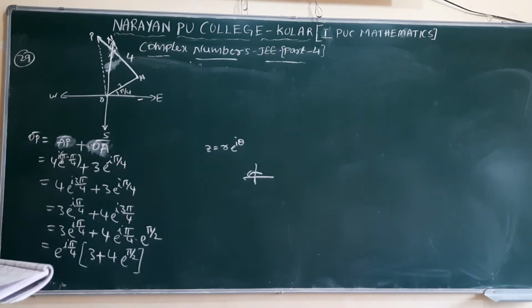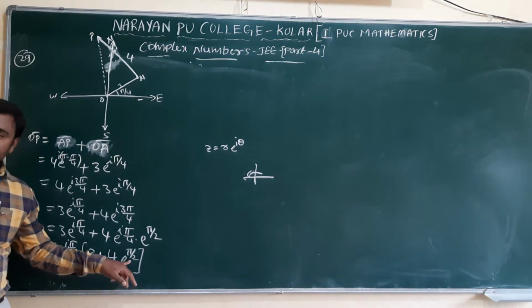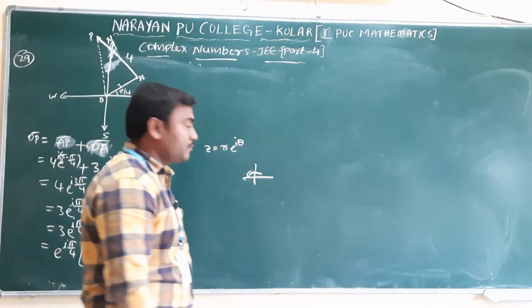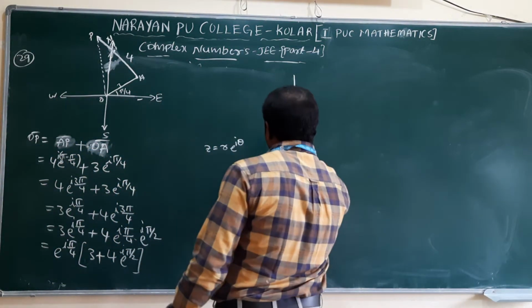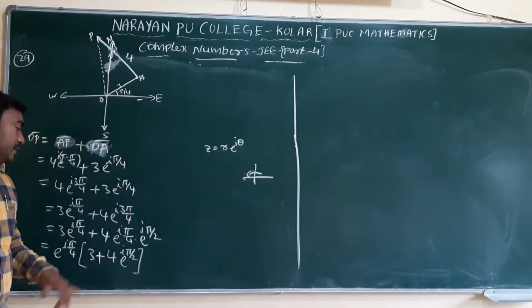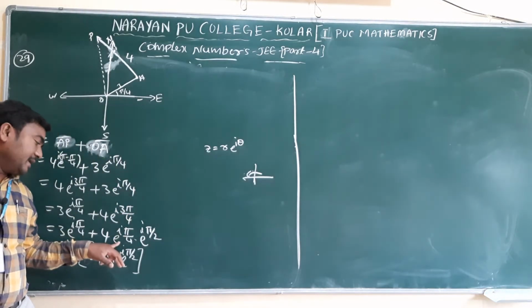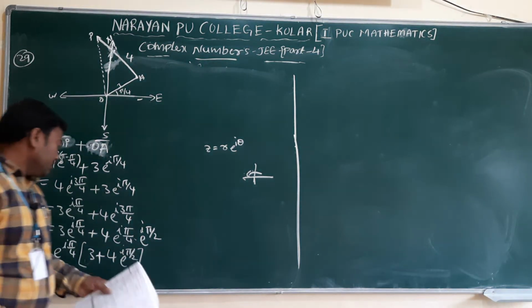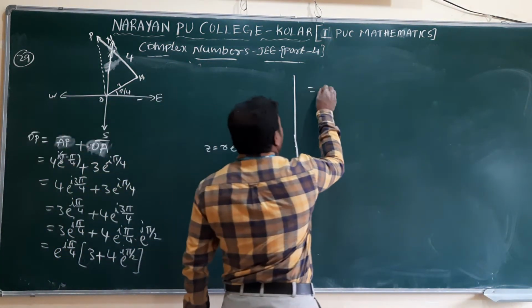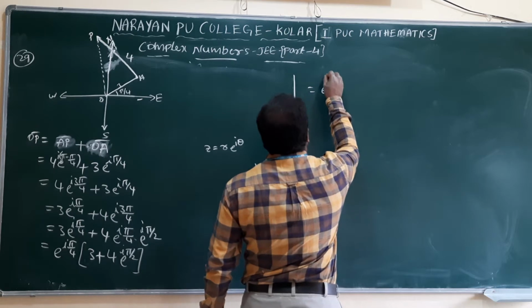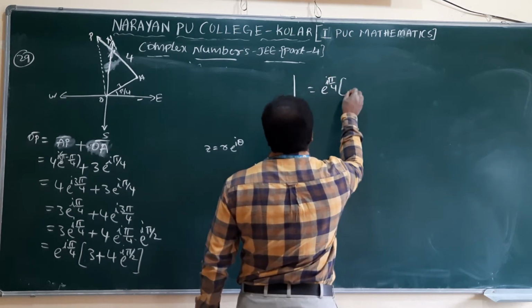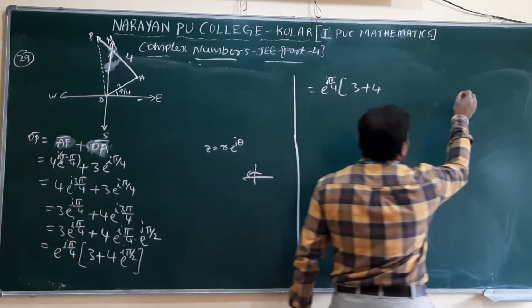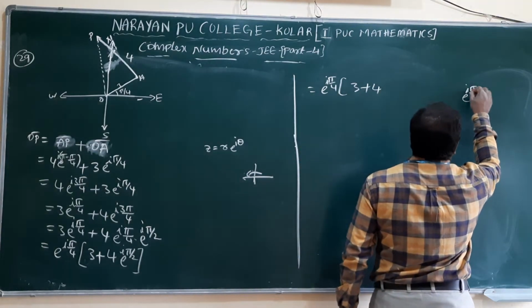Splitting like this, e power i 3 pi by 4 is e power i pi by 4 into e power i pi by 2.